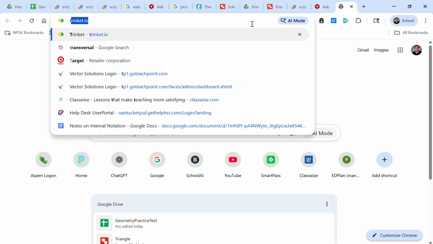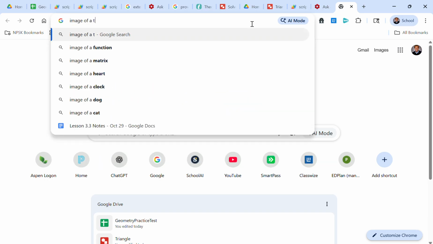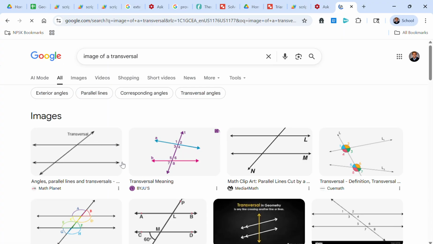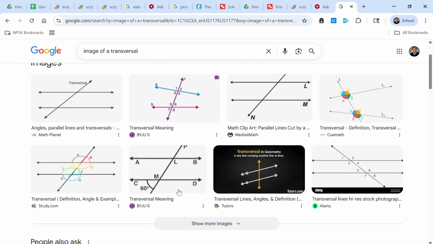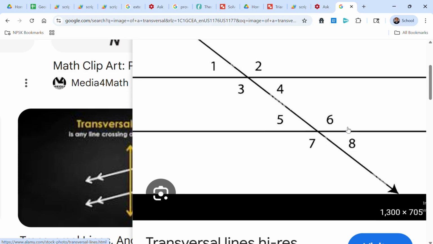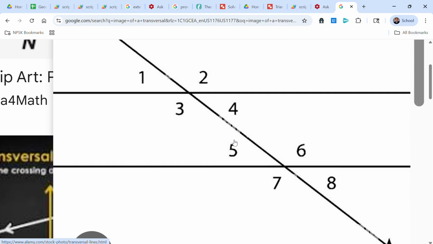Another part that we've talked about, let's see if I can find a diagram here. Image of a transversal. So let's say I have something that looks like this right here. Well, there are different parts to this. You're going to have to know what corresponding angles are.